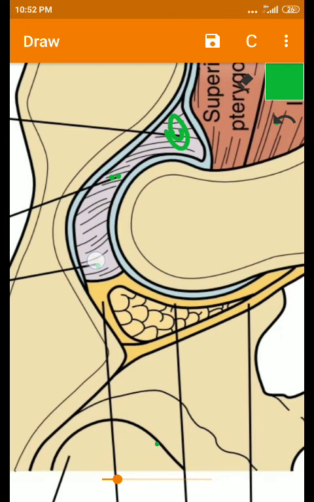The purpose of the disc is to allow the convex surfaces of the articular eminence and the mandibular condyle to remain congruent throughout the range of motion of the temporomandibular joint in all planes. So this is the main function of the articular disc.